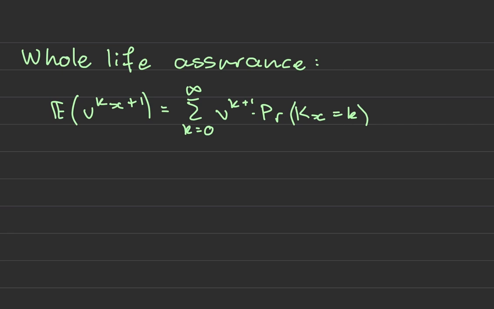So if someone dies in 5.5 years' time, 5.5 is the future lifetime of this person, but the curtate future lifetime is going to be just 5 years. So then I'll have 5 plus 1, 6.